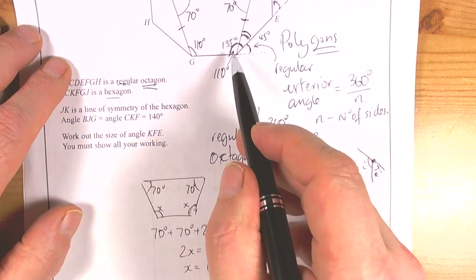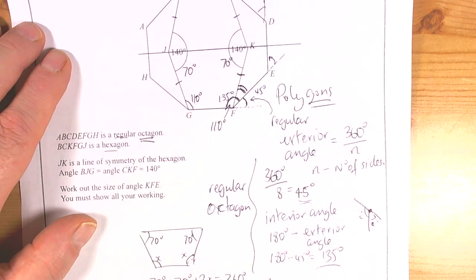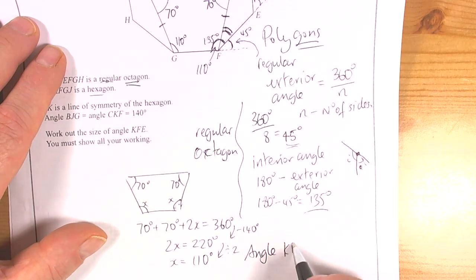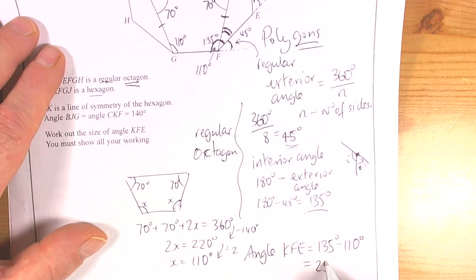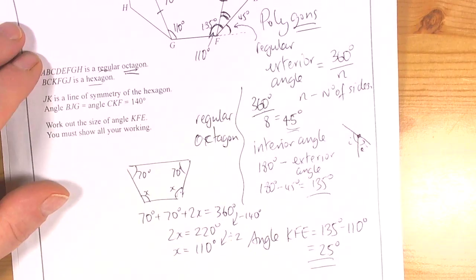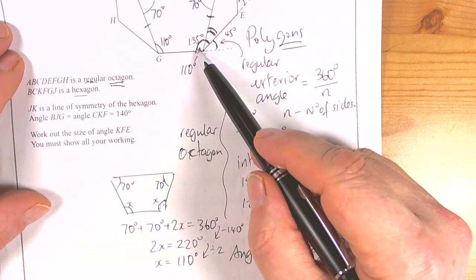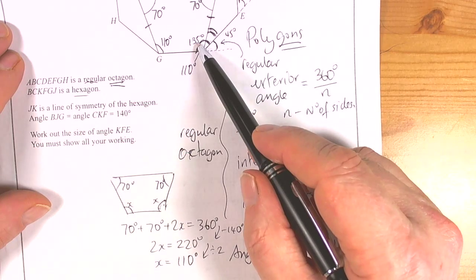So that means the bit we need, this bit here, so basically we're going to say angle KFE is equal to 135 degrees, take away 110 degrees, equals 25 degrees. We saw that because we worked out that the interior angle of the octagon was 135 degrees.